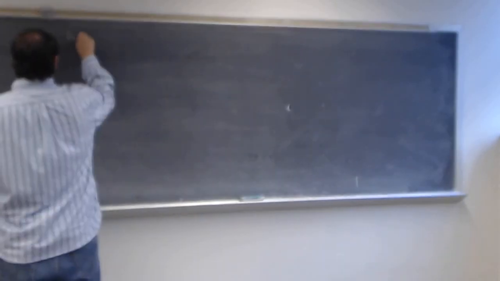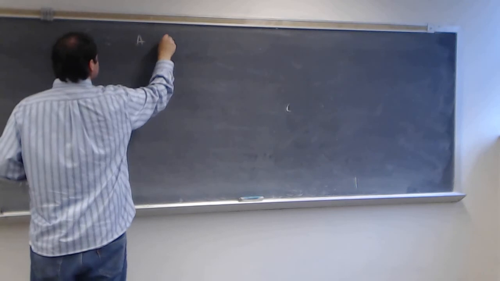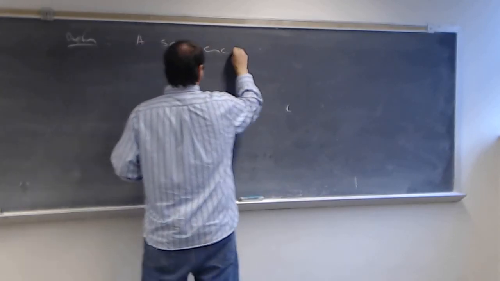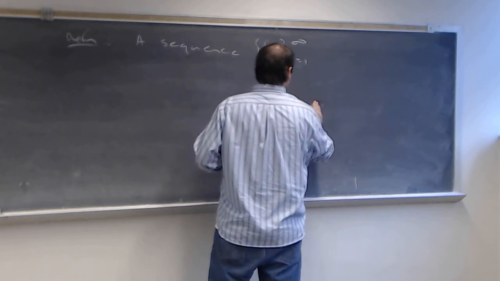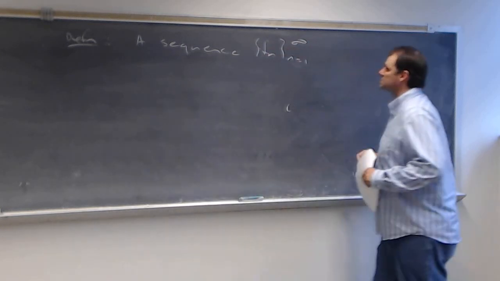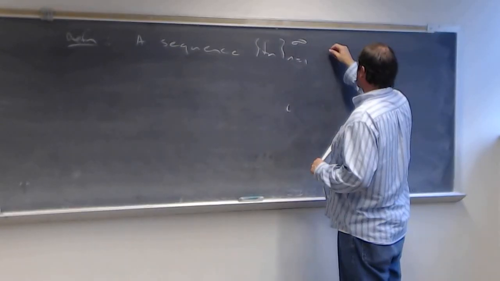Okay, so definition. A sequence f sub n, and they're complex valued functions. Okay, that's what we're working with, which include real valued functions.